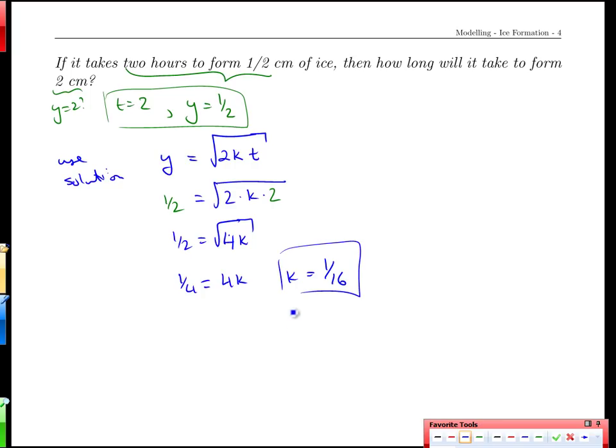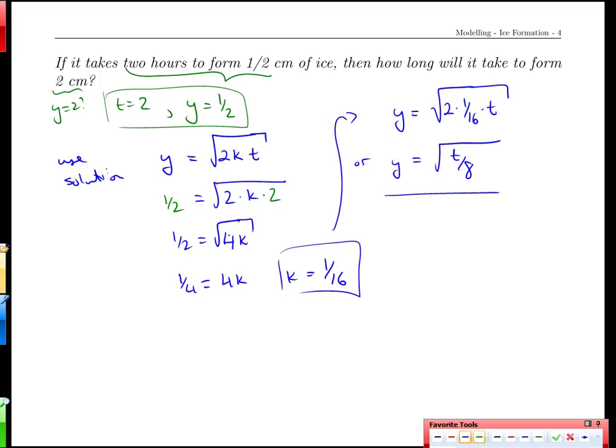All right. So that tells us that our actual solution for this environment is going to be y equals the square root of 2 times 1/16 times t, all under the root sign, or better known as the square root of t over 8. That'll do nicely.